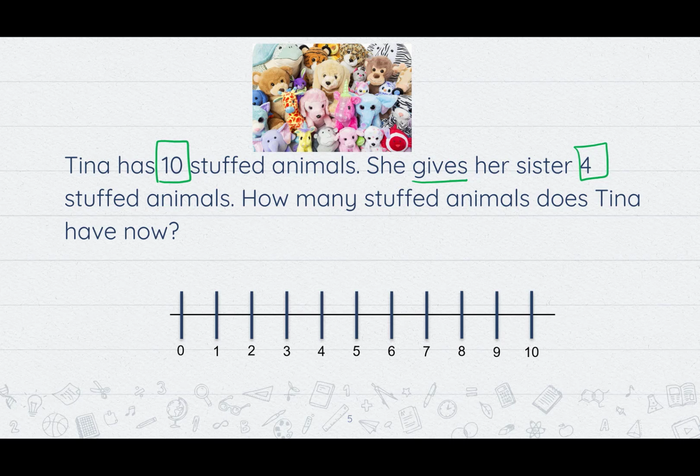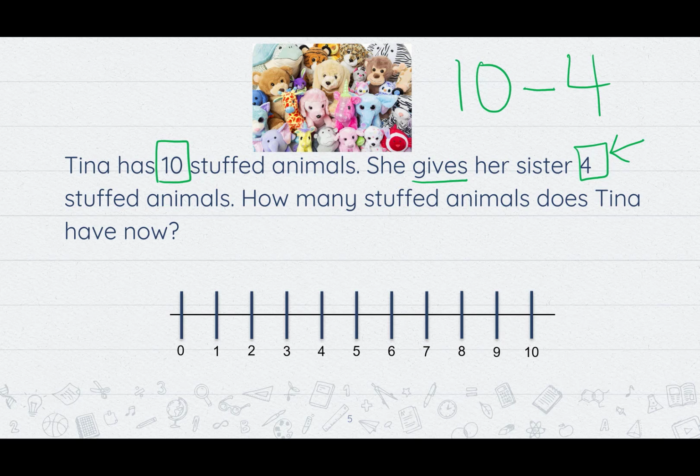So I know she starts with 10, because that's how many she had. But then Tina gave away 4, and I know from learning about subtraction problems that when you're giving away, you're getting smaller. You're getting a smaller amount. So it's going to be minus. So 10 minus 4 is how many she gave to her sister.